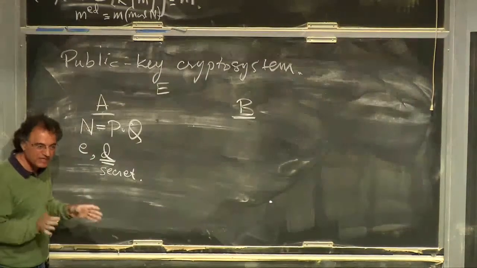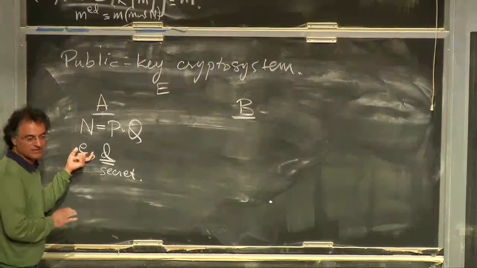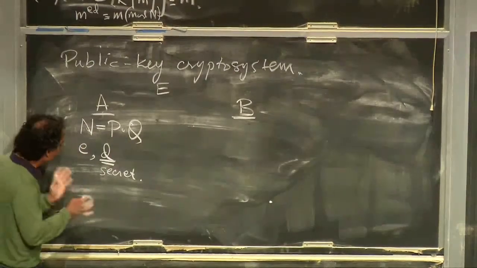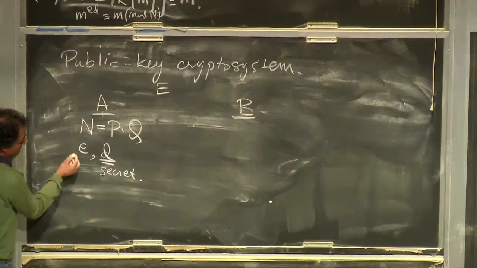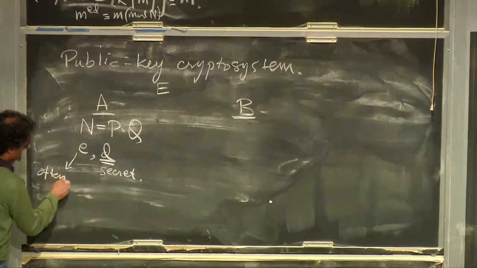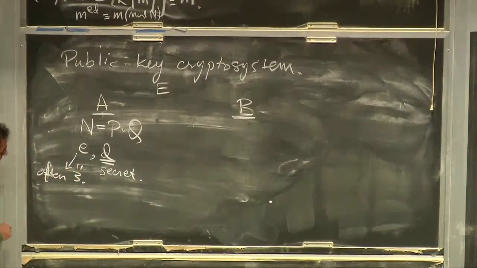So she picks E. E is easy. Usually you pick E equal to 3. That requires a certain constraint on P and Q, which we'll talk about later. But E is easy. E is often 3.